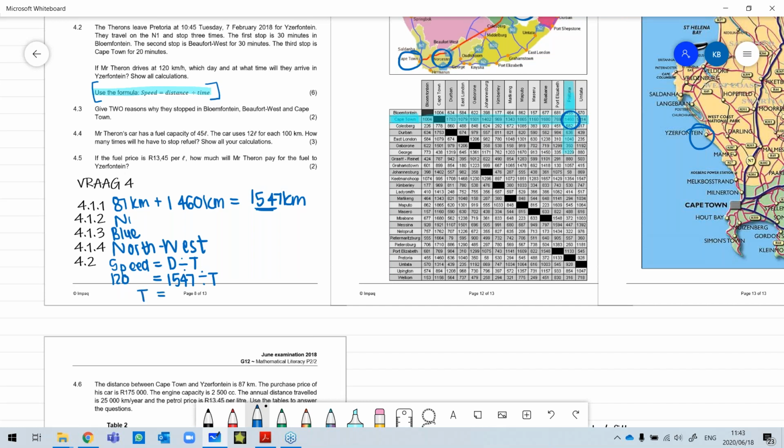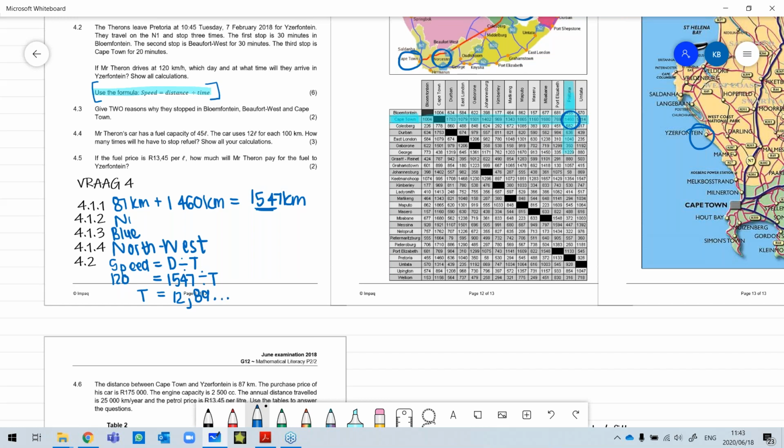Now for us to determine the time, we are going to take the distance, which is 1547 kilometers, and divide that by the speed. So if we do that, it is going to give us an answer of 12,89. And then the decimal continues.